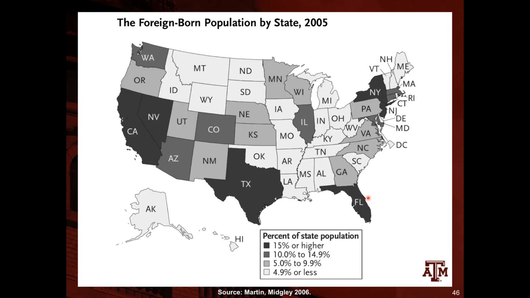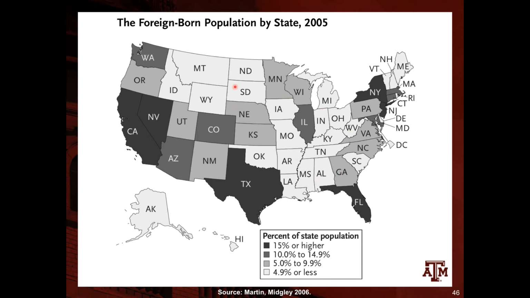And looking at the foreign-born population by state, this information here is the percent of foreign-born population in the overall population of each one of those states. So you see that California, Nevada, Texas, Florida, New Jersey, New York, for example, have at least 15% of their population foreign-born.